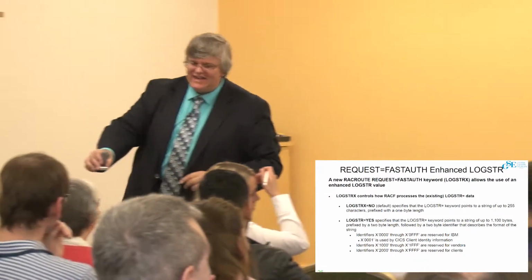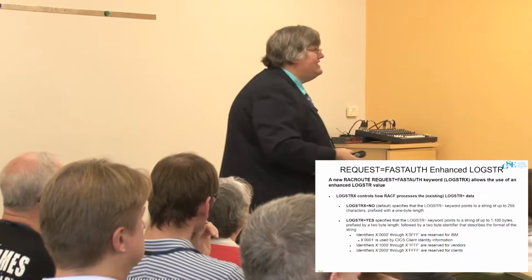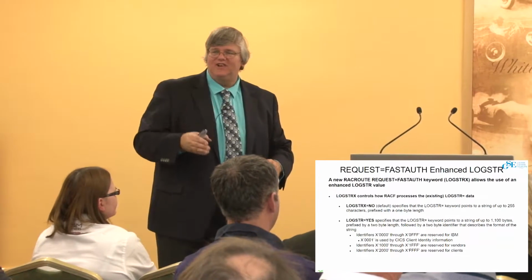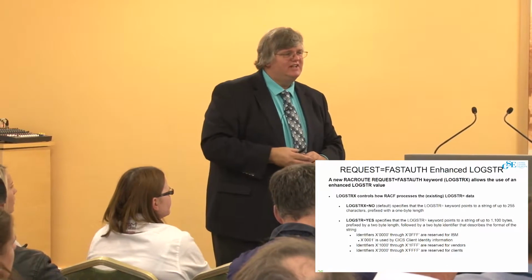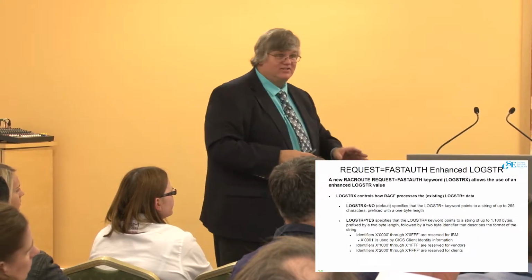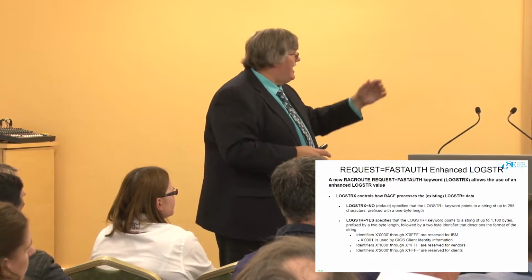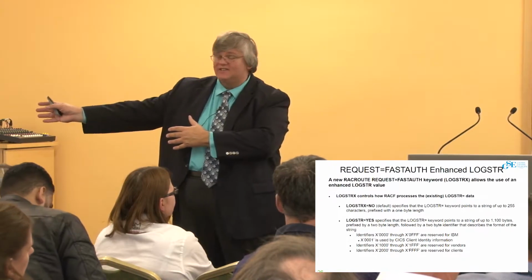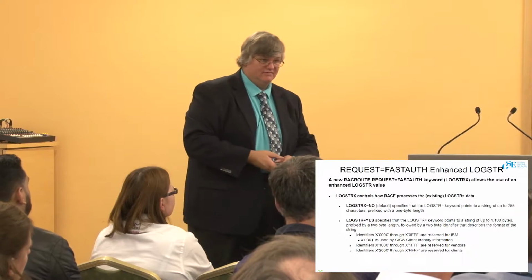Now that 2 byte identifier, we've architected a little bit. Identifiers 0 through FFF hex are reserved for IBM. Values 1000 hex through 1FFF hex are reserved for vendors. And values 2000 hex through whatever else you can put in there, FFFF, is for your use.